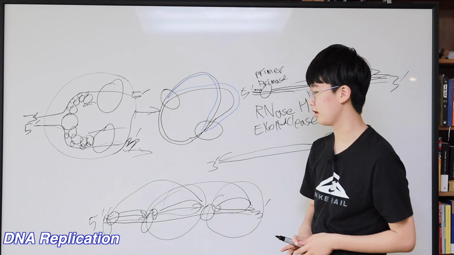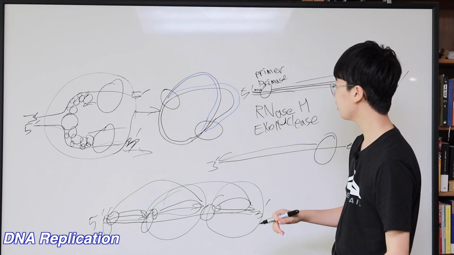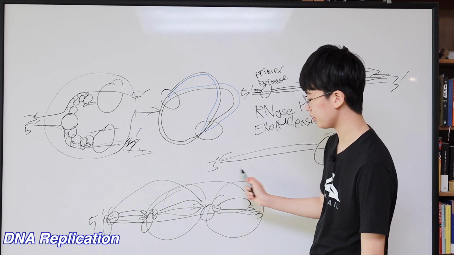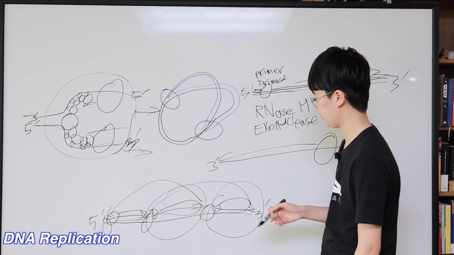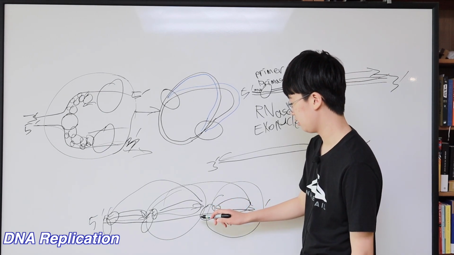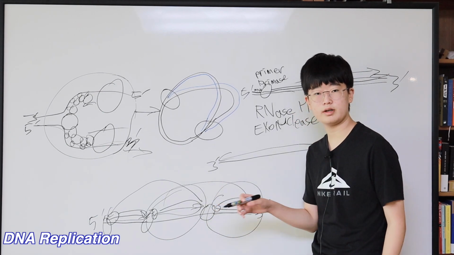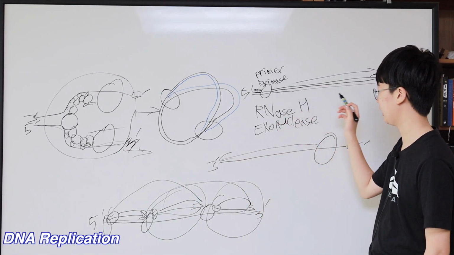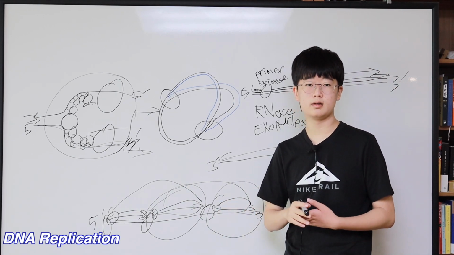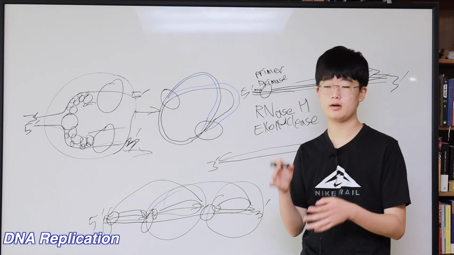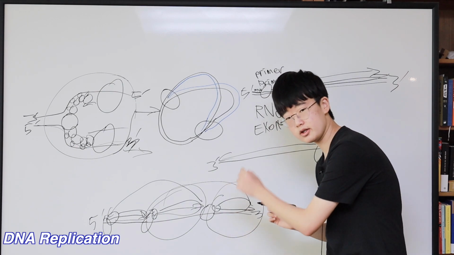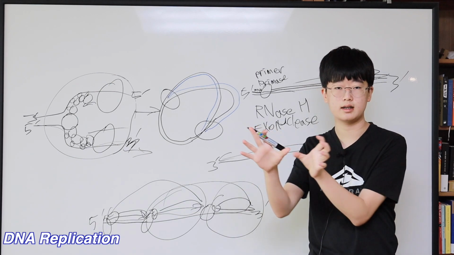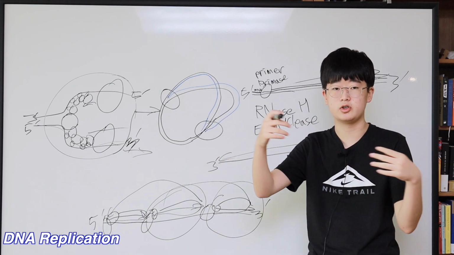And now a bit more about a lot of proteins that are used in the whole thing. On the lagging strand, when the RNA is replaced by the DNA after the job of RNase H and exonuclease, there is a slight gap between the DNAs. It is not yet put together.